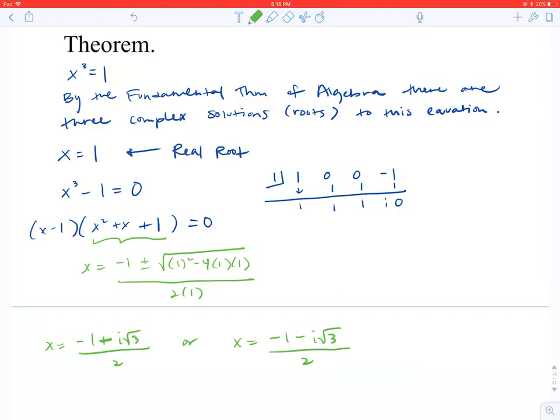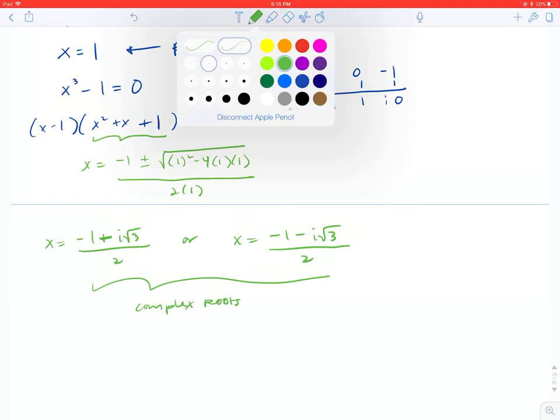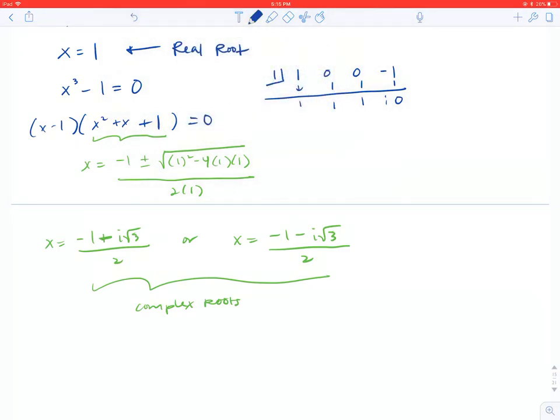So these are actually the complex roots, complex numbers that actually have an imaginary part other than 0.